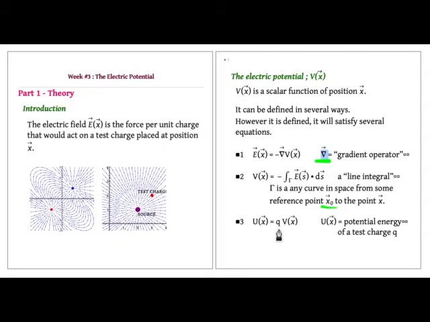So Q is the charge of a test particle. All right, so we're going to define the electric potential by this first relation, and then we'll prove that the second and third relations necessarily follow from that.